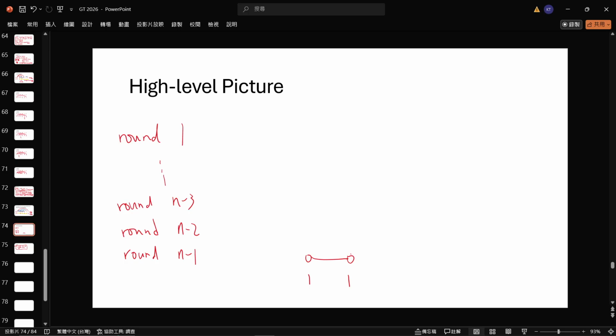So let's try to replay the whole process, but in the reverse direction. So in round n minus 2, we're going to add some edge to this graph. And in round 3, once again, we'll add some edges and so forth.